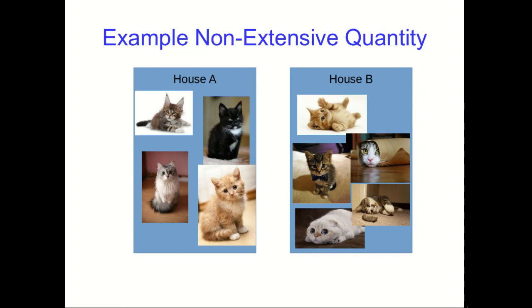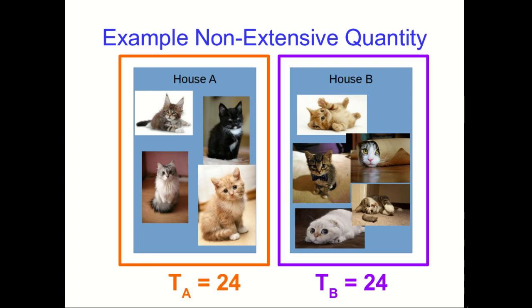Well, what about something that isn't extensive? So, for example, we could talk about the time per day that our system is occupied by cats. And let's say, to keep things simple, that these are all indoor cats and the people living in these houses are keeping them inside. So, in that case, the number of hours per day that each of these houses is occupied by cats is 24.